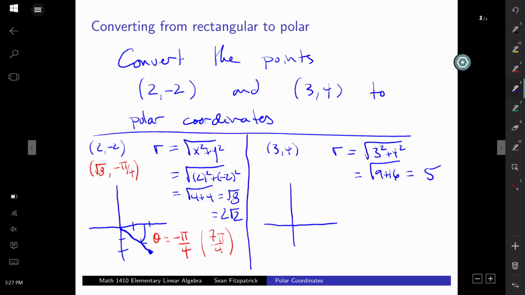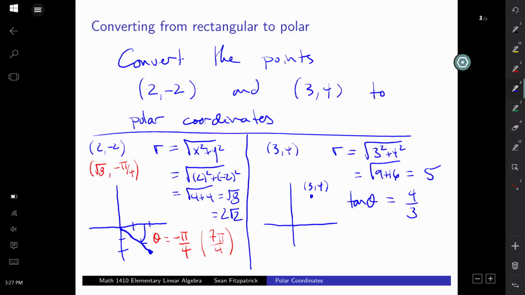Now, when you want to calculate theta, this happens to be a case where there's no nice way to write down the value of theta, right? This point doesn't correspond to one of these special angles. If y is equal to 3, x is equal to 4. The best thing we can really say here is that tan theta is equal to 4 over 3.